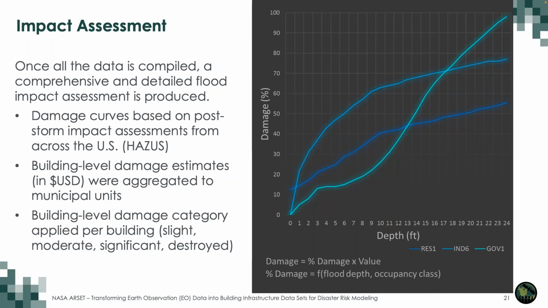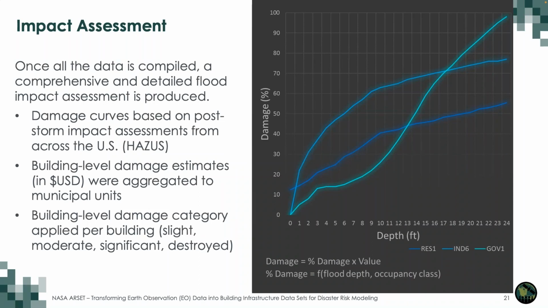But on the right, you see 3 damage curves for 3 different categories: one for residential 1, industrial 6, and government 1. And those 3 curves are based on at least, I think, 20 years' worth of data from recorded floods in the United States, and they would take the depth and the building characteristics, the building type and the first floor elevation, and match it up with the amount of damage that actually happened for the building, and then turn each of those different occupancy classes combined with first floor elevation into a curve that would show you the damage as a percentage.